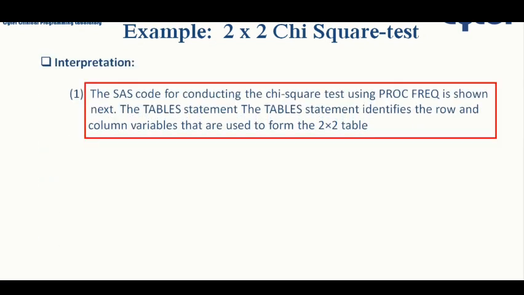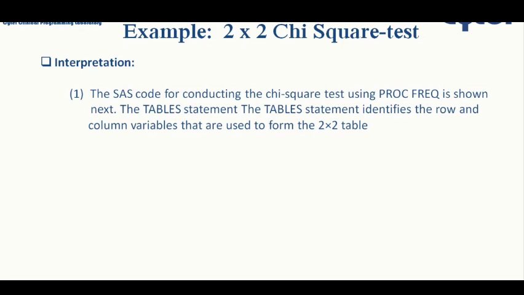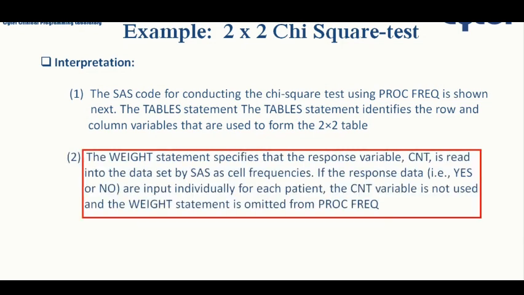So, the SAS code for conducting the chi-square test using proc freq is shown next. The tables statement identifies the row and column variables that are used to form the 2 by 2 table. The weight statement specifies that the response variable CNT is read into the data set by SAS as cell frequencies.